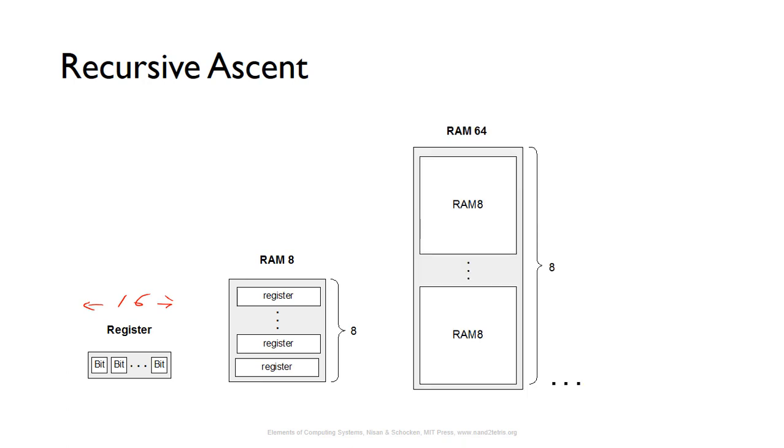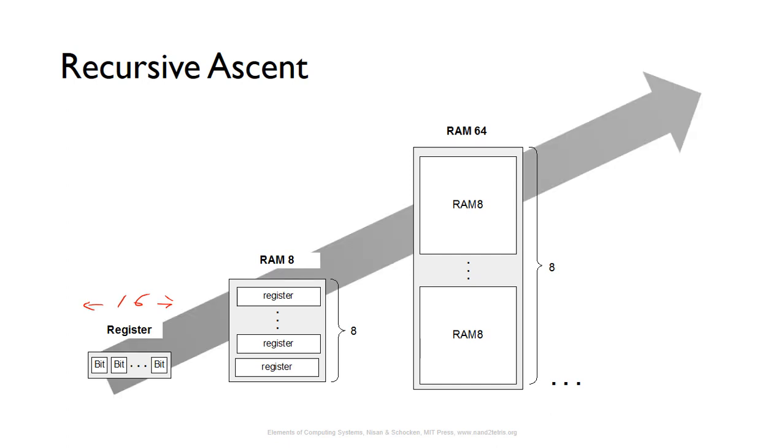Then we can use the RAM 8 block to build 64: we get 8 of the RAM 8 to make the RAM 64 chip. And we can just do this recursively. You build a small block of memory, use that to build the next block, and use that to build the next block, and so on.